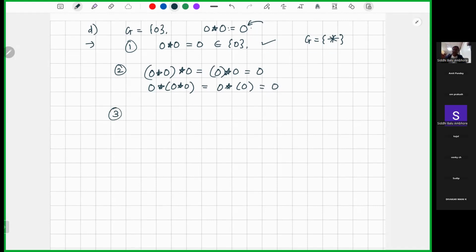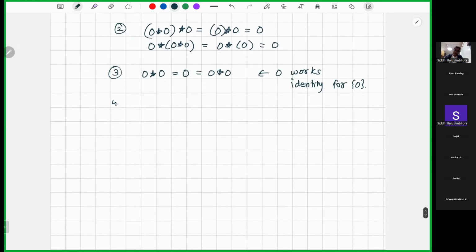The third one is my identity. So 0 itself can work as an identity here, because 0 star 0 is 0. So this 0 works as the identity for this set, and 0 again also works as the inverse of itself here.